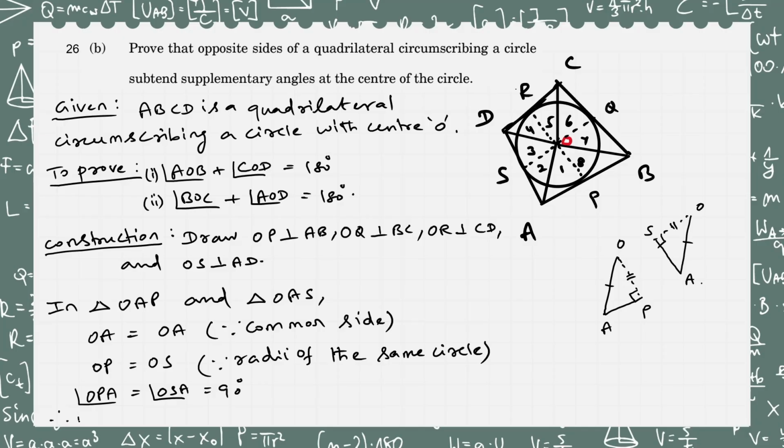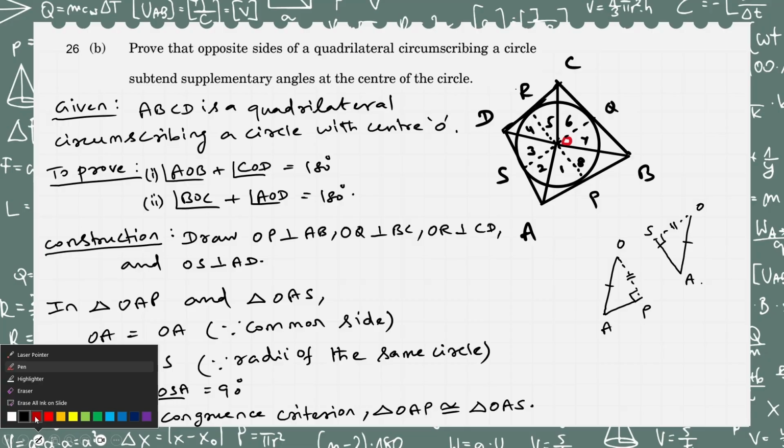So therefore by RHS congruence criterion, triangle OAP is congruent to triangle OAS. So what do you mean by that, right?